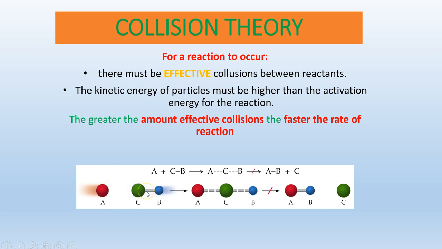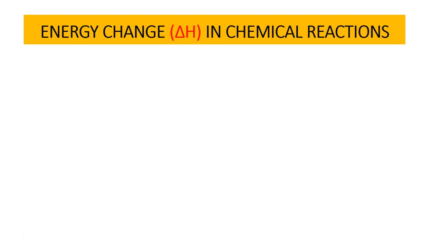The bond between C and B was broken, and a new bond between A and B had to form. But before that happened, all of these together form an activated complex, and this can only happen when we have effective collisions, and we will have more collisions if the particles are moving faster, if the kinetic energy of the particles is higher, so this will happen at a higher reaction rate.